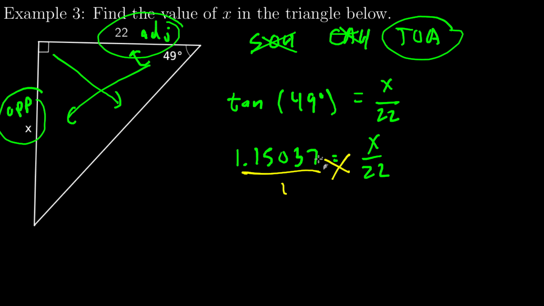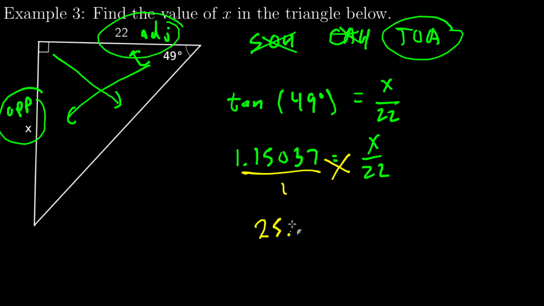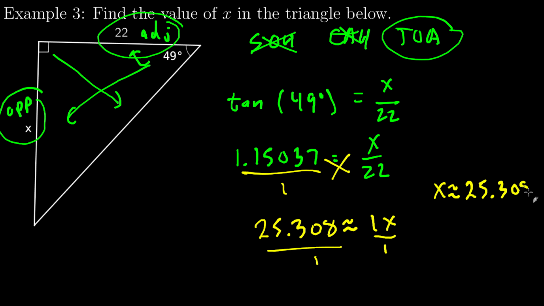So I will get this times 22 will give me 25.308 equals, I guess it's approximately, 1x. Divide both sides by 1, and I will get that x is approximately 25.308.